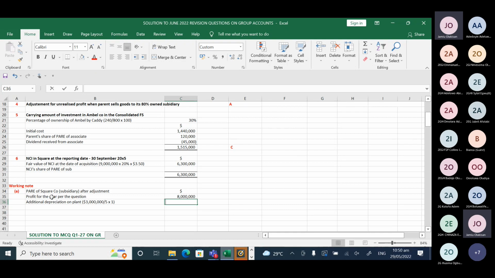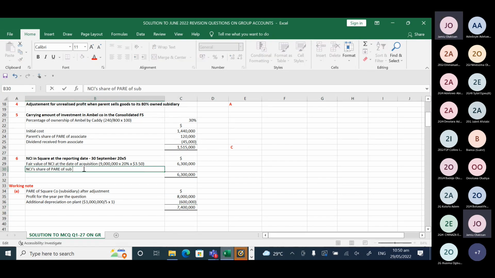So equal minus 3 million divided by 5 multiplied by 1. And that takes us to where? It takes us to 7.4. Then I come back here and say that's 7.4, right?